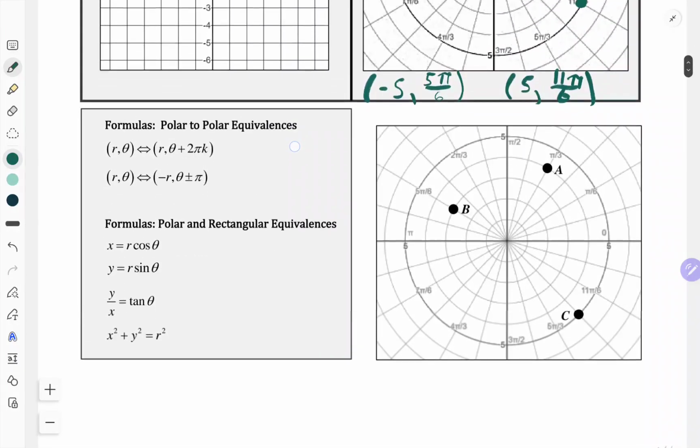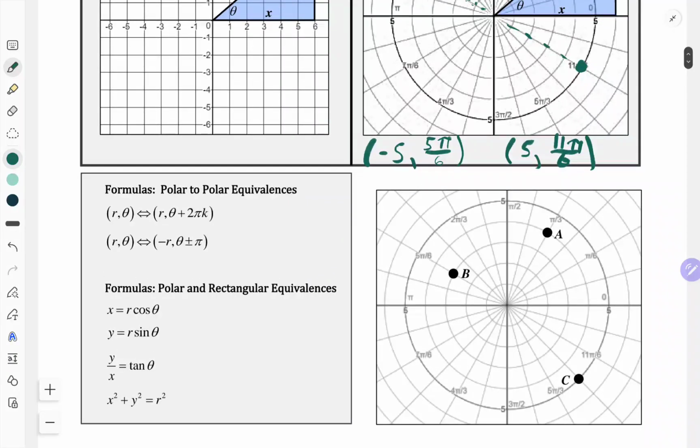Let's go and do just a couple more, and then we'll talk about these formulas over here. So if I wanted to look at the coordinate for point A, again, there's several names that you could use for this one, but one of them is 1, 2, 3, 4, right? So we're moving 4 out in the r, and this is along the line pi over 3, so 4 comma pi over 3, that would be my coordinate.